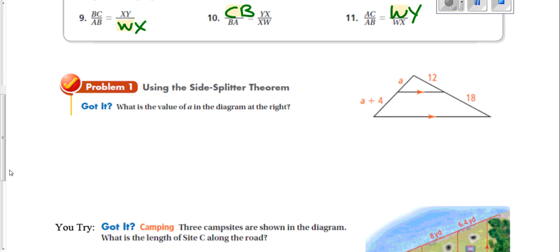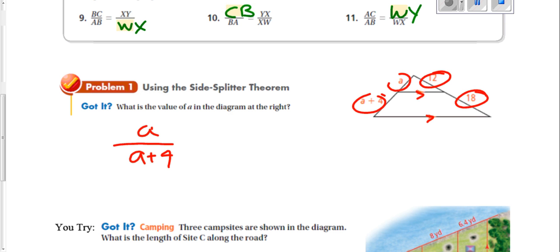Using the side splitter theorem, what is the value of A in the diagram at the right? All right, well, I can use side splitter because I have parallel lines. Remember, it's not just going to work for any triangle. Lines have to be parallel. So I can say A over A plus 4 equals 12 over 18.